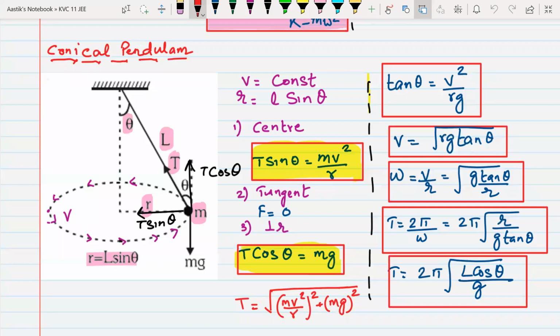Write the next heading, and the next heading is turning of vehicles on circular roads. So write the next heading, turning of vehicles on circular road.